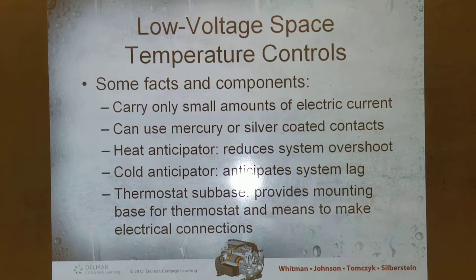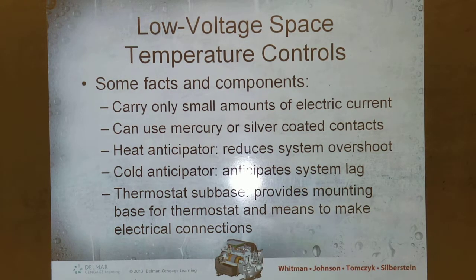Okay, so low voltage space controls. That's going to be all residential. It's going to have low voltage thermostats and low voltage controls in the system. That's the purpose of the transformer, 24 volt control voltage. 24 volts is below 30 volts, which is the National Electrical Code standard for low voltage.